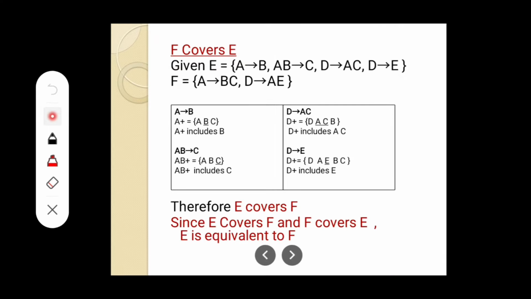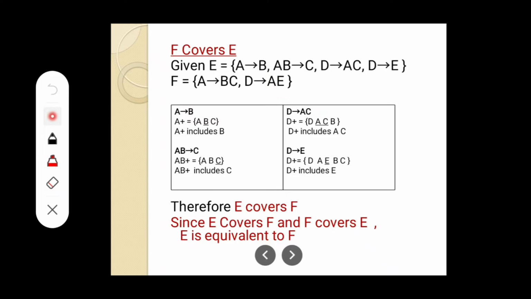Next we are going to compute F covers E. F covers E means the second one is E. So every functional dependency of E we will try to derive from F. First we take A determines B, and find the closure of A. Which functional dependency set will we refer to?